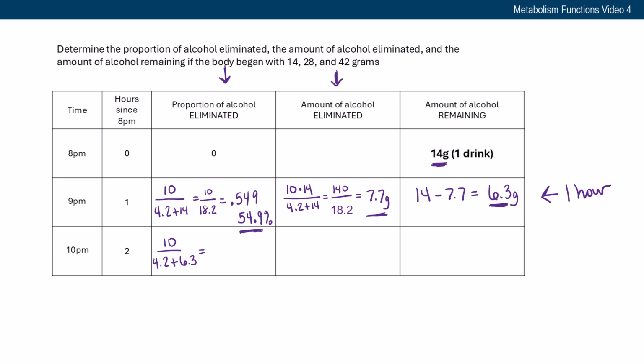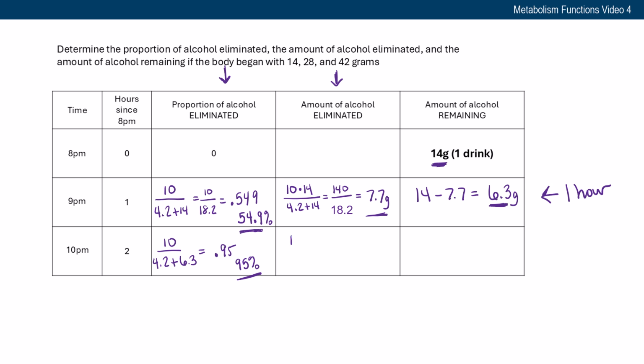When you divide that out, we get 0.95 or 95%. The reason it ended up being a higher proportion is because there's less alcohol in the system, so your body does a better job of metabolizing that alcohol.